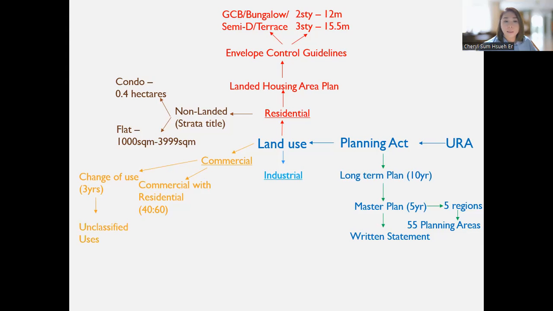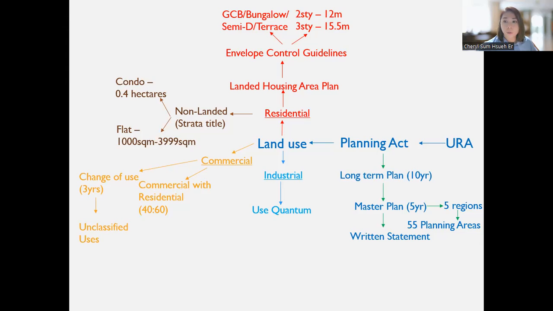Now here comes unclassified use also, which has to do with change of use. Sometimes you might have some users that are not in any of these planning use classes. So therefore, we say that these are unclassified users. Anywhere we go, we need to ask URA for instructions. Now here comes industrial. Use quantum.